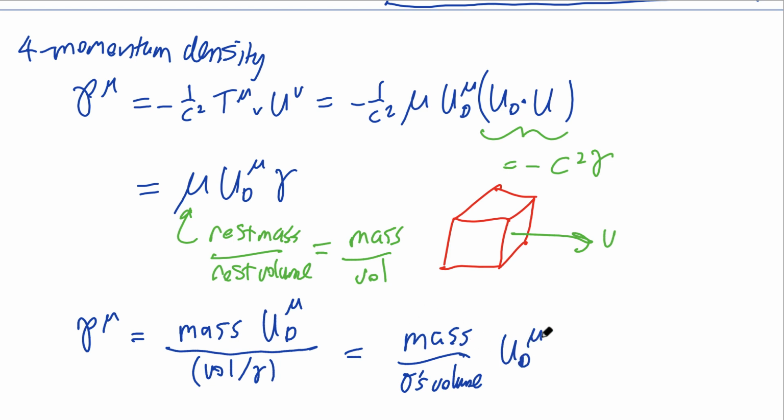But the rest mass times the four-velocity is just the four-momentum. So this is the four-momentum divided by O's volume. So that's just as we expected. P^μ is the four-momentum density, and it's the density in the sense of per unit of O's volume.